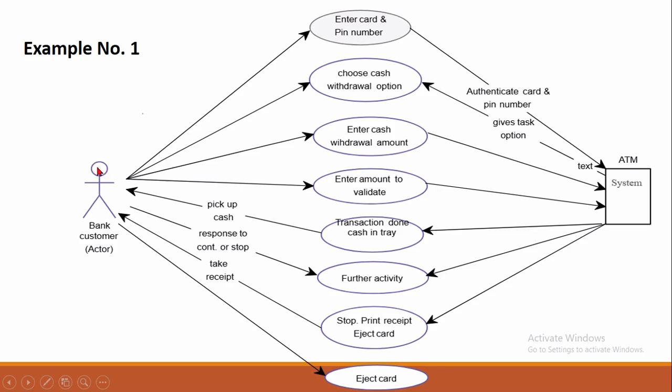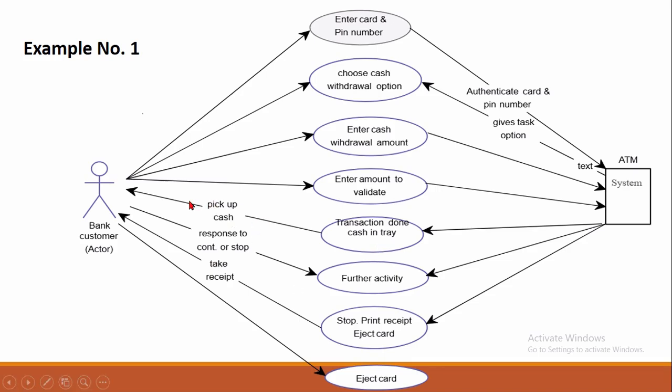When the bank customer uses a function, for example enter amount, after entering the amount it goes to the system. The system will do some processing, some operations, and after that it gives a response to the actor that the transaction is done and your cash will be withdrawn.